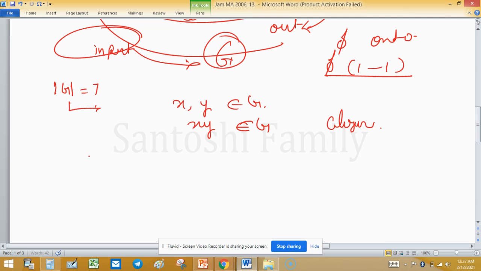If this is an element, apply phi, and by the property of phi, input raised to the power 4.